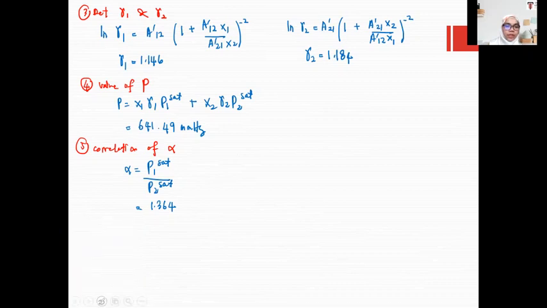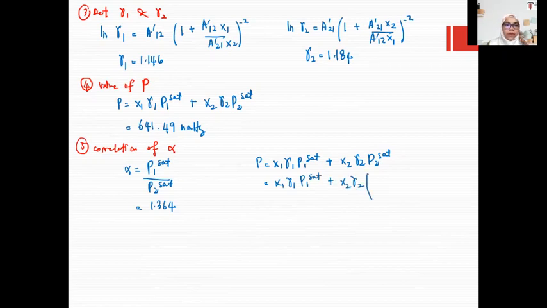Okay, and then from this correlation, you can determine the P1 saturation. Based on this, we know that P equals X1 gamma 1 P1 saturation plus X2 gamma 2 P2 saturation. You can choose either P1 or P2 saturation. For example, I choose P1 saturation, and P2 saturation is P1 saturation over alpha.